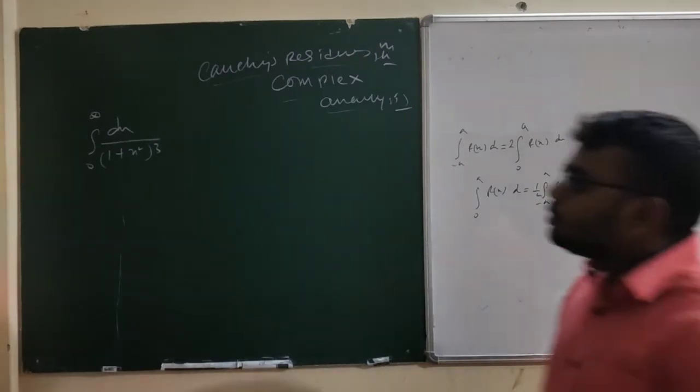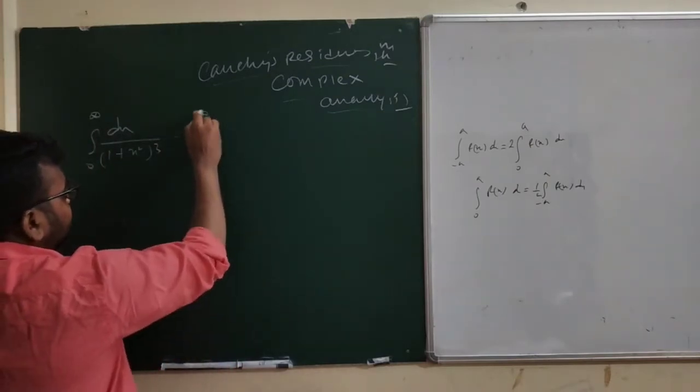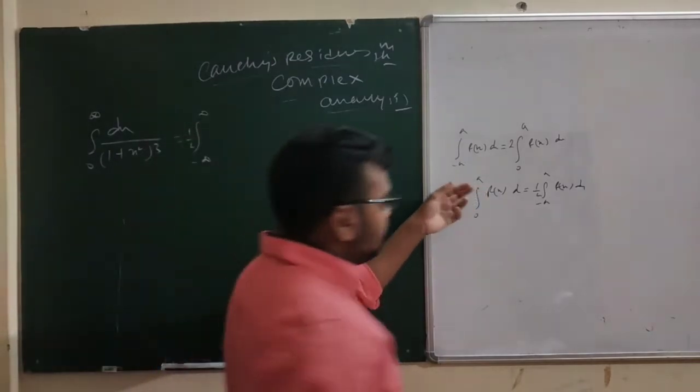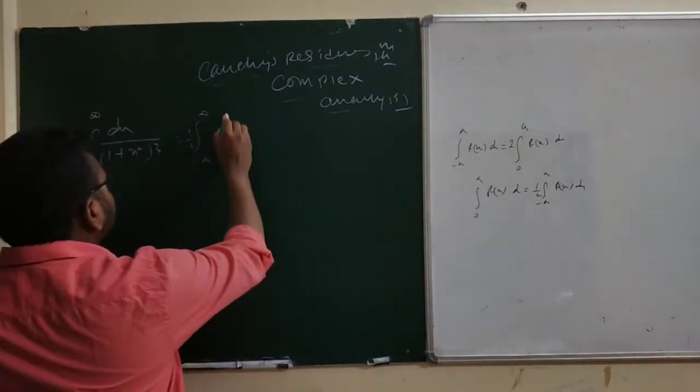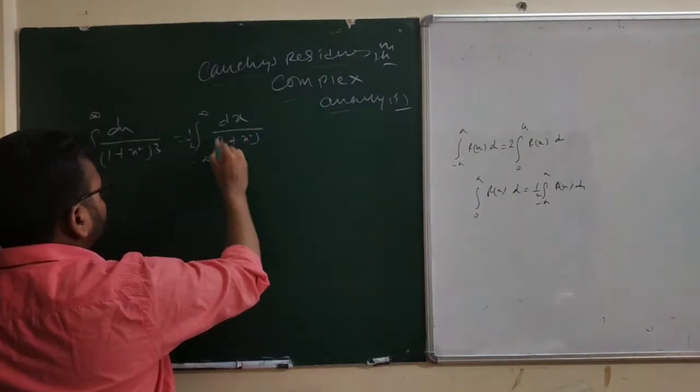Now this question equals, simplifying by this property, half the integral from minus infinity to infinity of dx upon (1 plus x square) to the power 3.